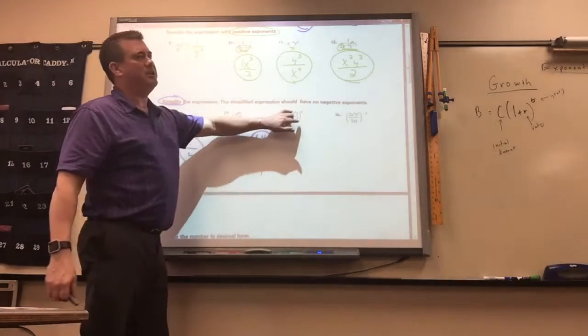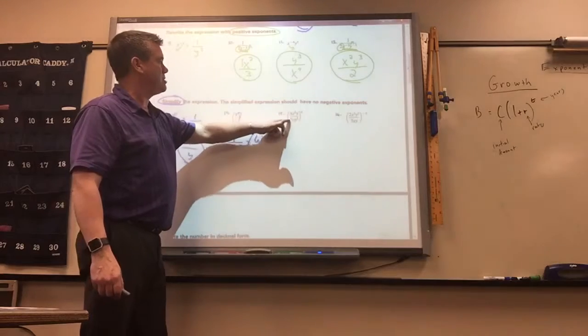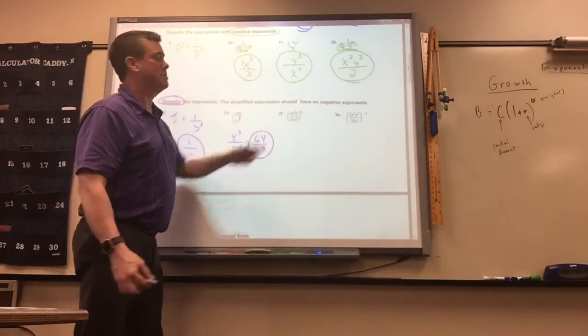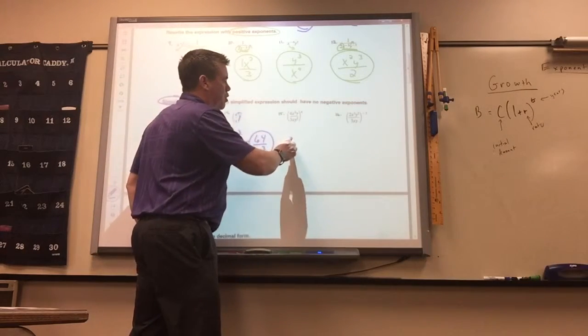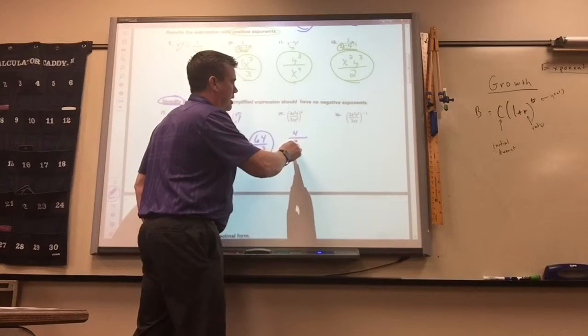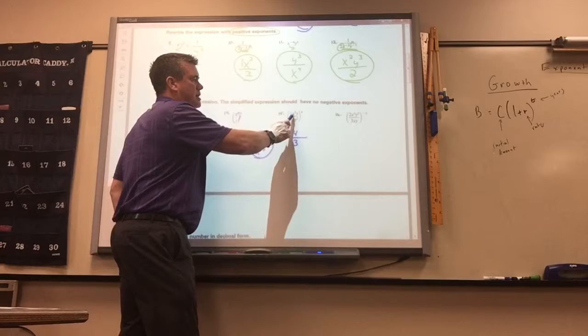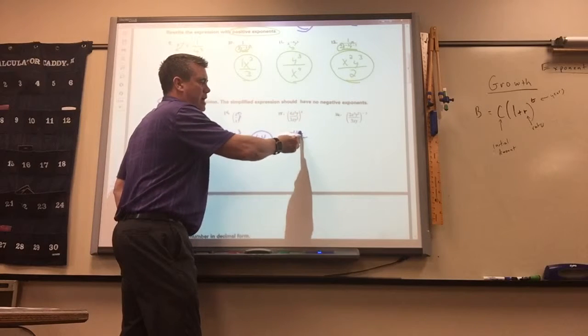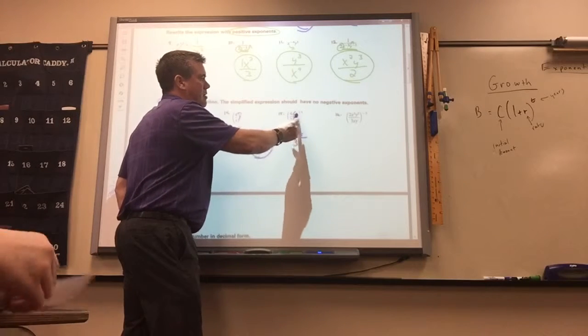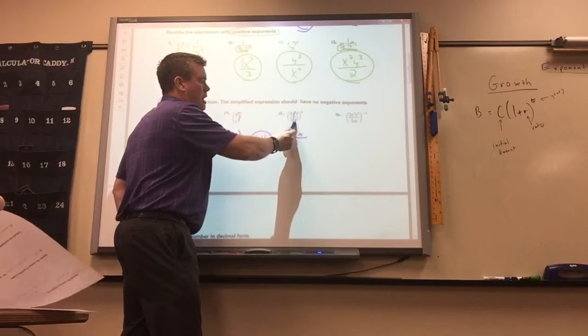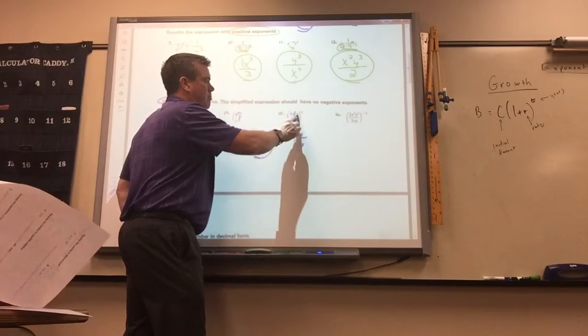So 15, the best thing to do is simplify anything you can in the parentheses. The 4 and the 3 won't reduce, so they'll stay 4 and 3. The X squared over the X, there's 1 more X on top than the bottom, which means there'll be 1 X on top. And then the Y's, there's 1 more Y on the bottom, so there'll be a Y on the bottom.